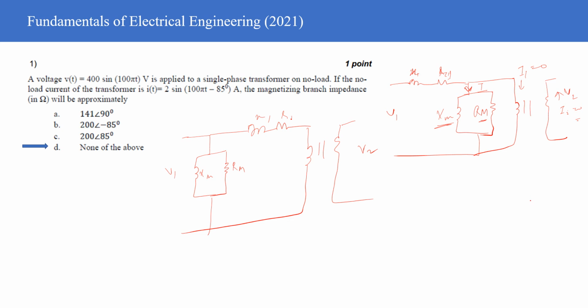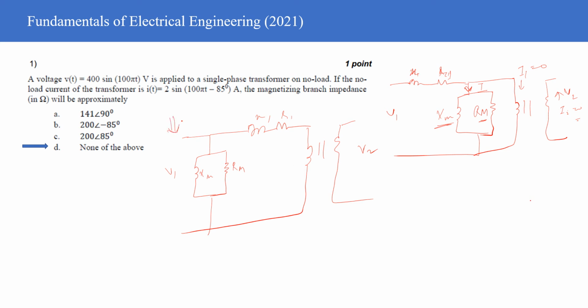So this is done during the no load kind of testing, right? This question is related to the no load condition, so you can very well draw the transformer equivalent circuit in this particular format, right?